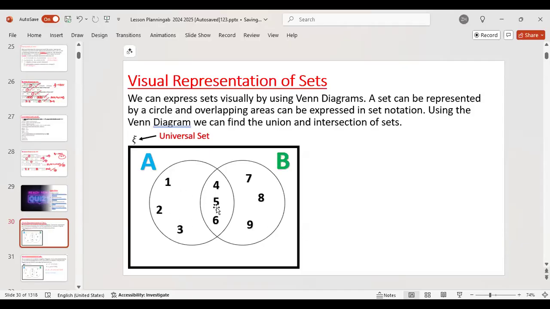So you have 1, 2, 3, 4, 5, 6, 7, 8, 9. And obviously the universal set is right there. So that's what we have.